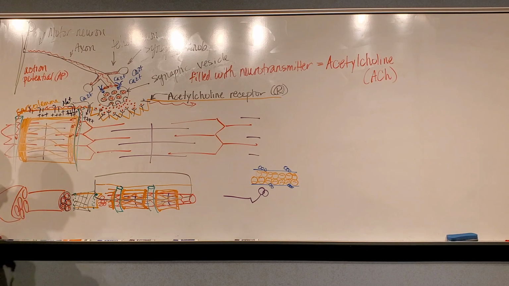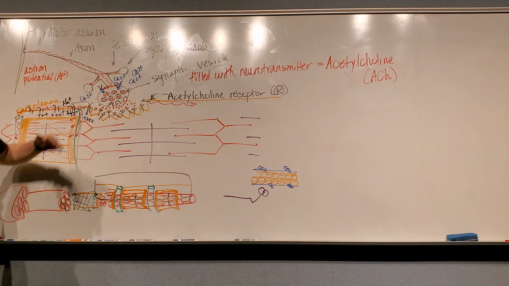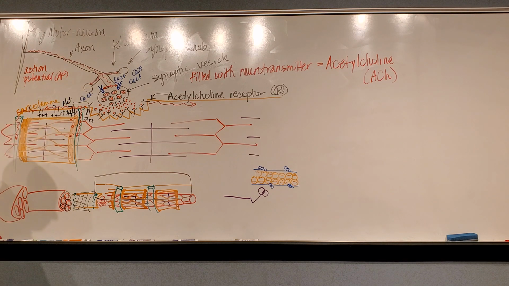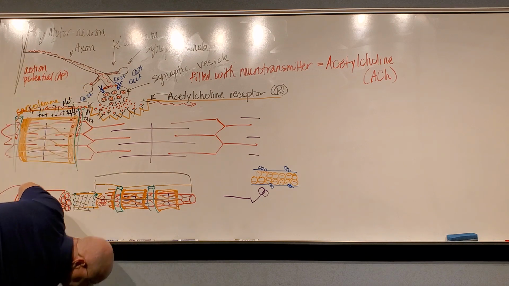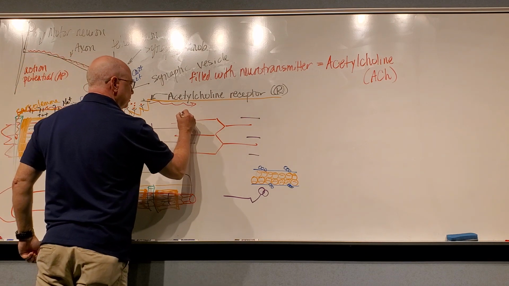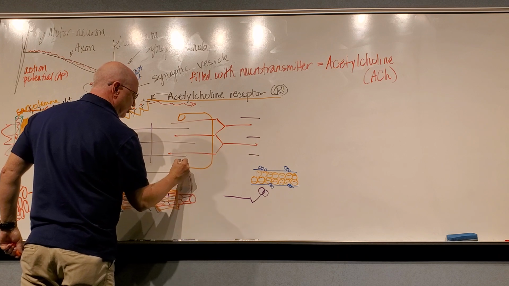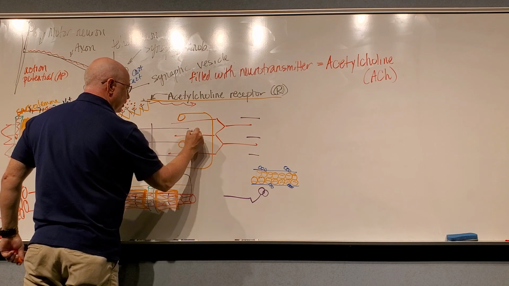The sarcoplasmic reticulum, just like the synaptic knob, has a bunch of calcium ion channels. So if I drew in a large piece of sarcoplasmic reticulum here, sorry, I dropped a marker, with the terminal cisterna and some of the other cisternae here.